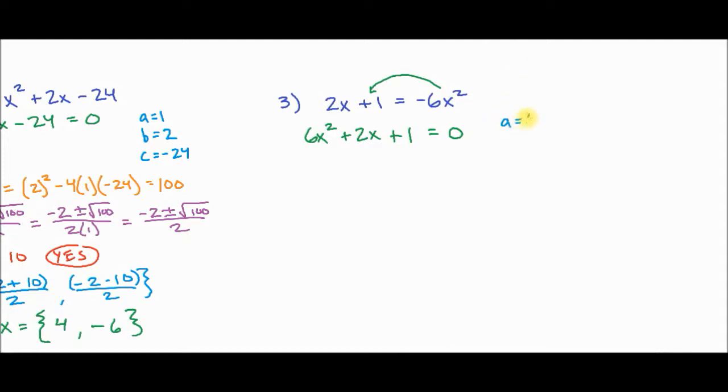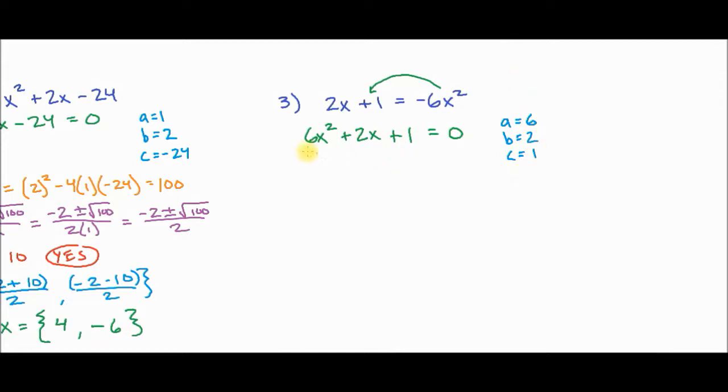So in this case, a is equal to 6, b is equal to 2, and c is equal to 1. Again, class, I would encourage you, don't skip this step of writing down the values of a, b, and c. Write them down, especially because when you put b into the quadratic formula, you have to know what the sign of b is so that you flip it.